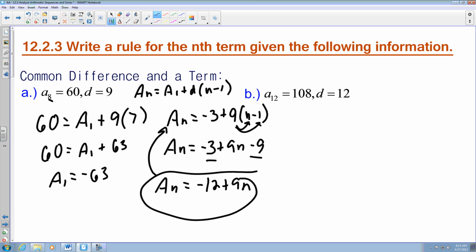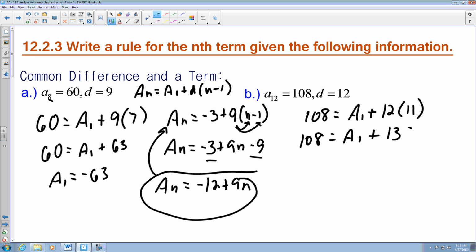Looking at B, we're going to do the same thing. They give us a sub 12, so I'm going to write 108 equals a sub 1, which I don't know, plus d, which happens to be 12, times n minus 1. Well, n in this case is 12, so this is going to be 11. So now I get 108 equals a sub 1 plus 132.